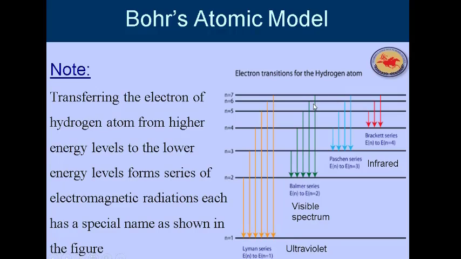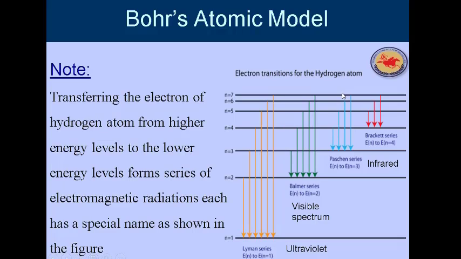The second series, we are returning back from higher energy levels to the second energy level. In this case, the electromagnetic radiations are called Balmer's series, and they emit the visible spectrum, so we can observe them or we can see them.